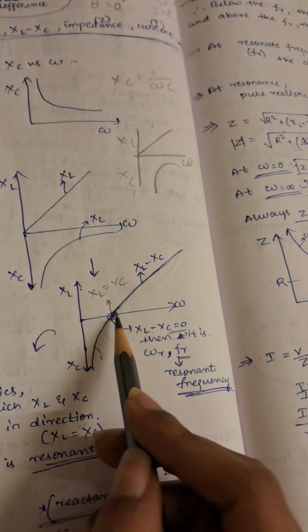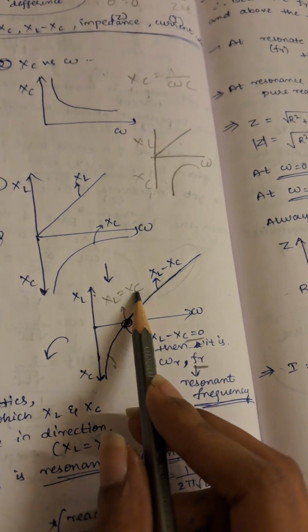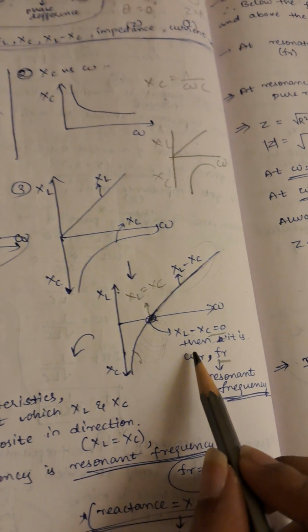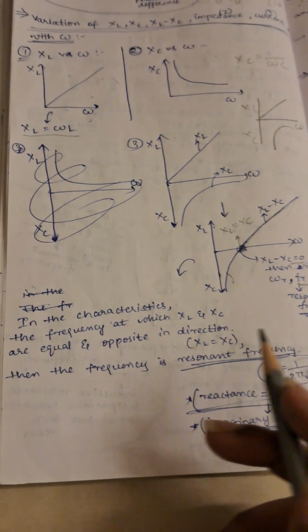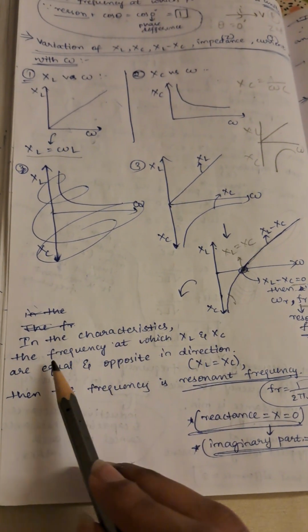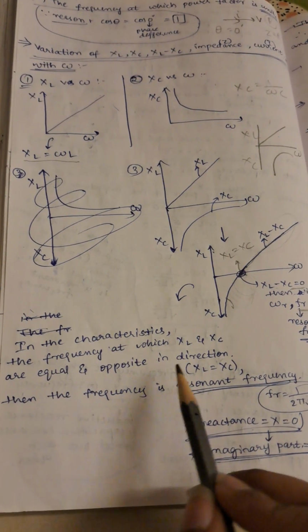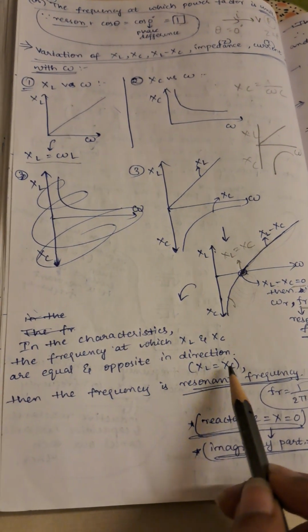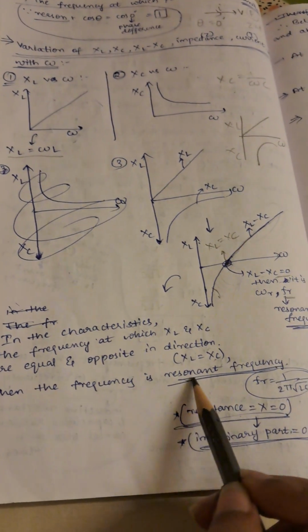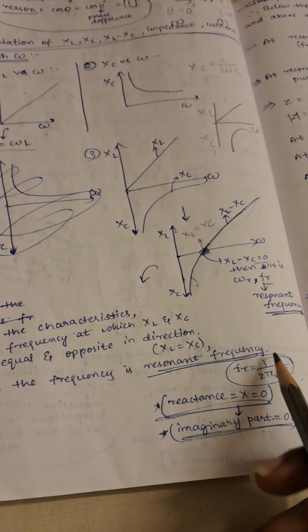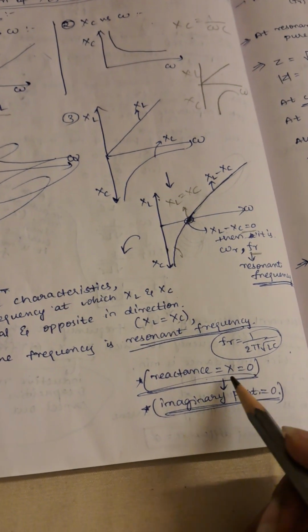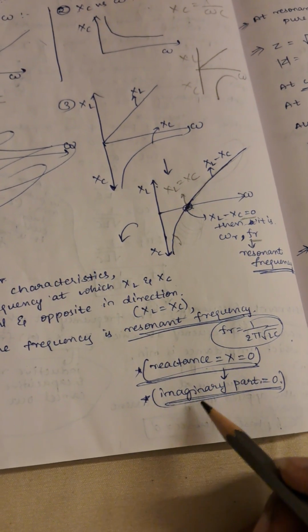So in the characteristics, the frequency at which XL and XC are equal and opposite in direction, XL is equal to XC, is known as the resonant frequency. fR is equal to 1 by 2 pi root LC. Here the reactance X is 0, the imaginary part is 0.